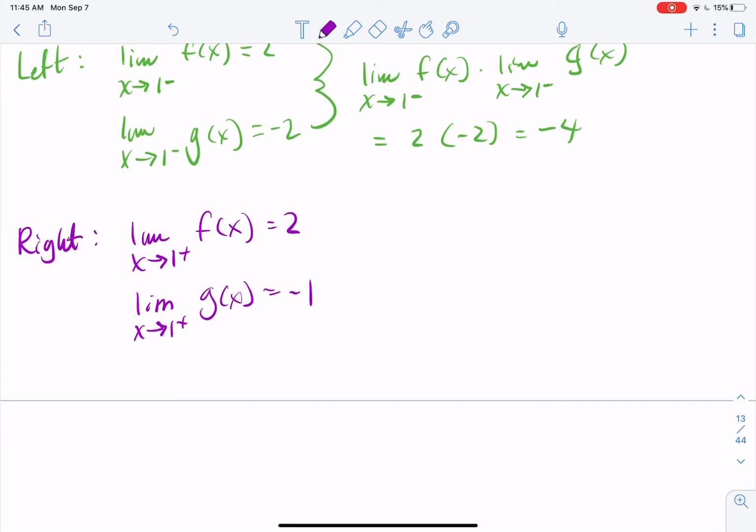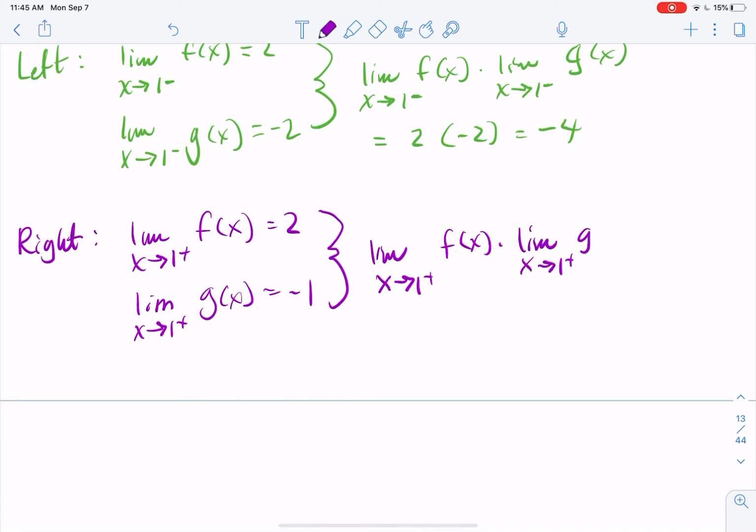All right, both of those limits exist, so the limit laws do apply, and we can write the limit as x approaches 1 from the right of f of x times the limit as x approaches 1 from the right of g of x, which should be equal to 2 times -1, which is -2.